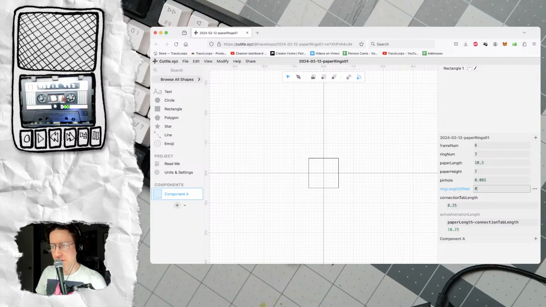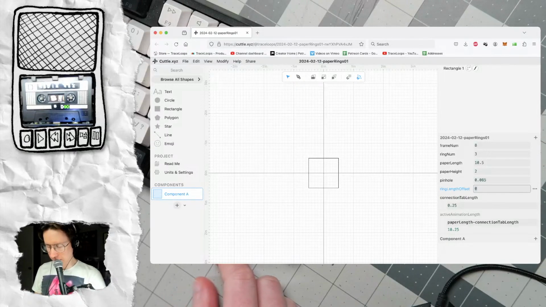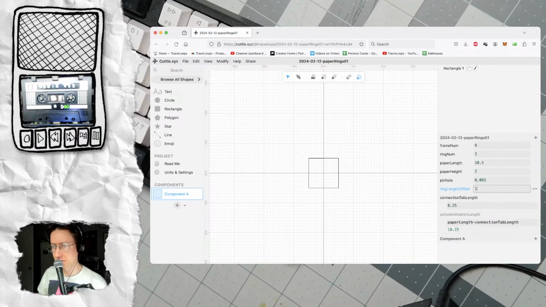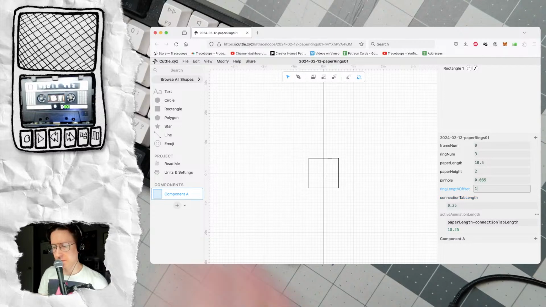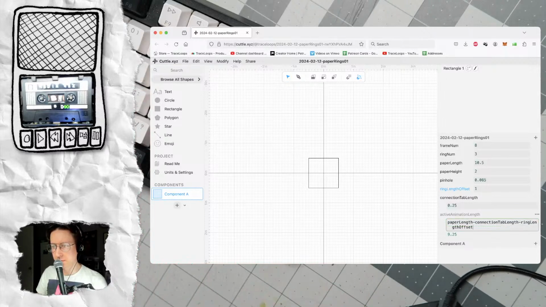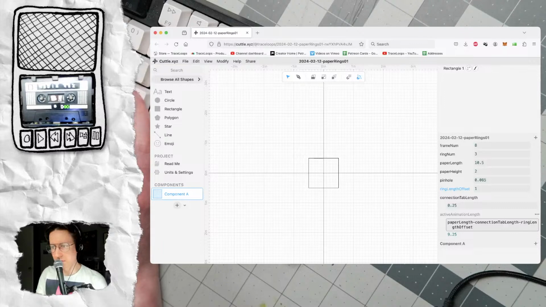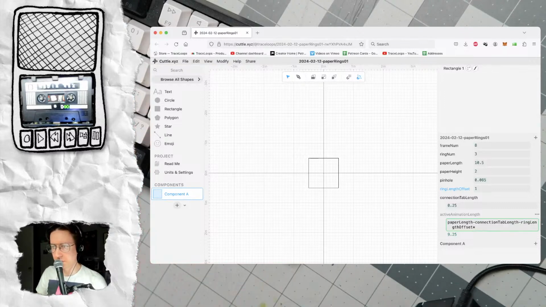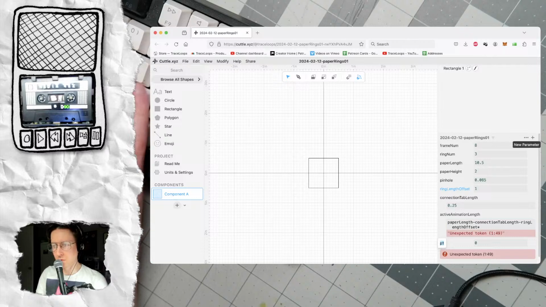Ring length offset I'm just going to make 1. Minus ring length offset times ring instance.